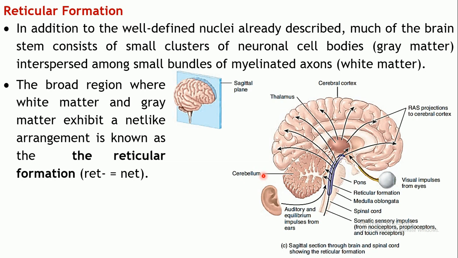Okay, so we have seen that in all the three parts there are well-defined nuclei. Also there are several tracts which are conveying the information in either direction. Apart from this, much of the brain stem also comprises small clusters of cell bodies, that is the grey matter, interspersed among small bundles of myelinated axons, which comprise the white matter.